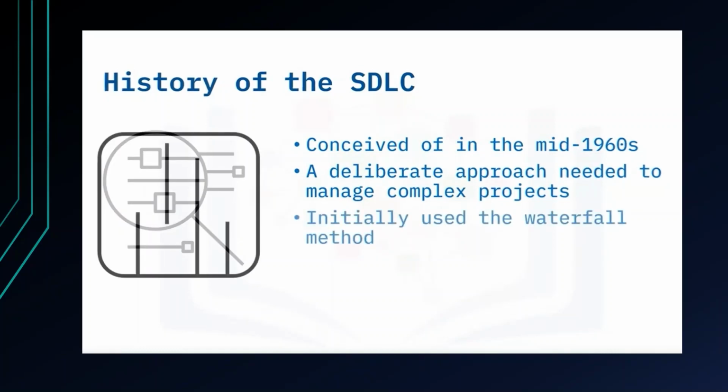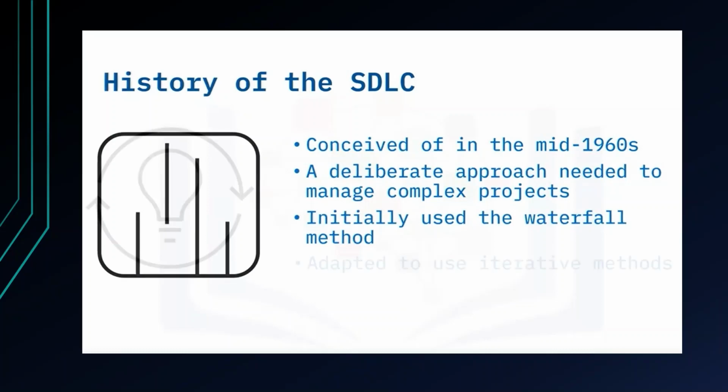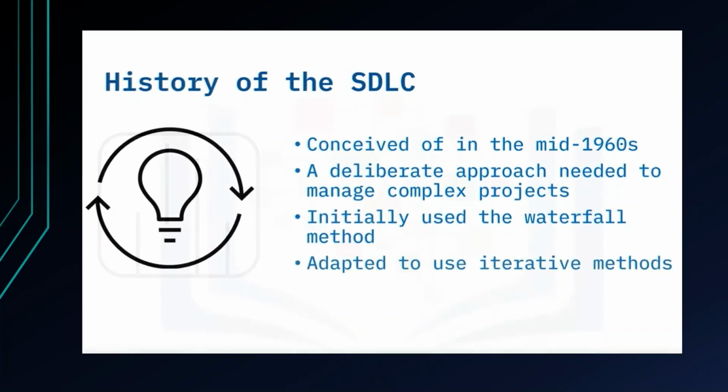In its initial conception, it used what is called the waterfall method to manage projects, where the development of software follows a linear pattern through discrete stages. The SDLC has since been adapted, however, to a more iterative method in response to addressing customer needs and shifting requirements. Waterfall and other approaches to software development will be discussed in other lessons.